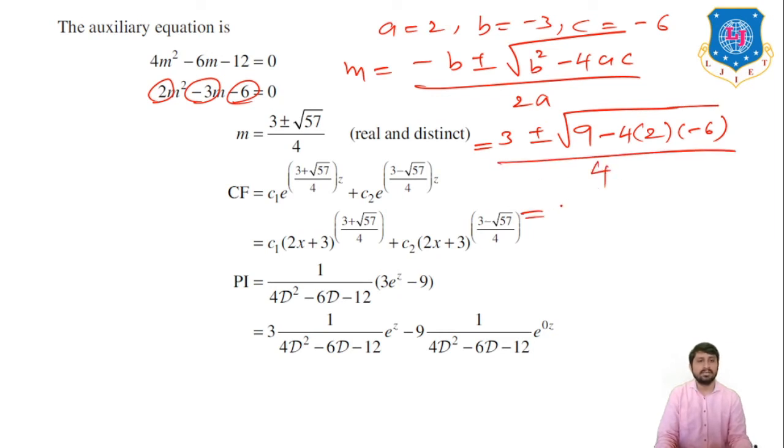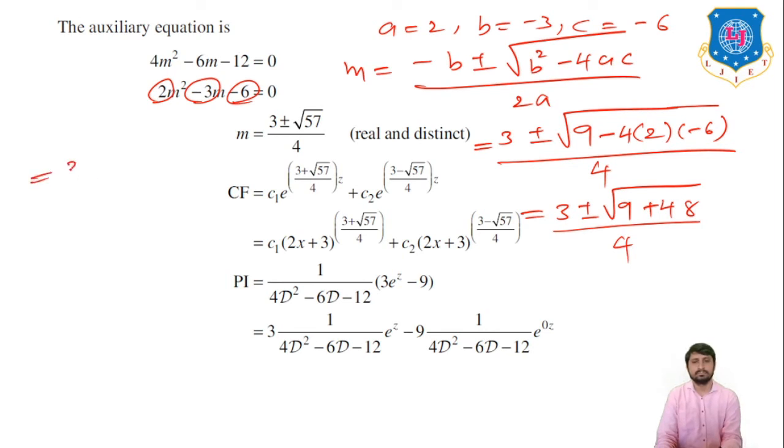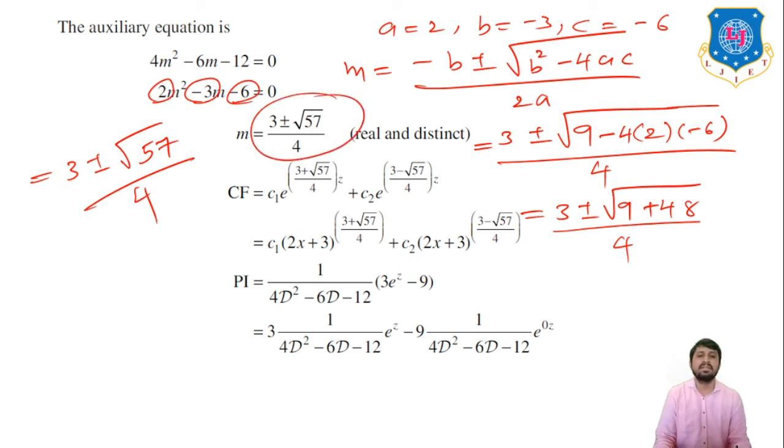So this is equal to 3 plus or minus square root of 9 plus 48, divided by 4. So this is equal to 3 plus or minus root 57 divided by 4. So that's why here you can see that 3 plus or minus root 57 divided by 4.